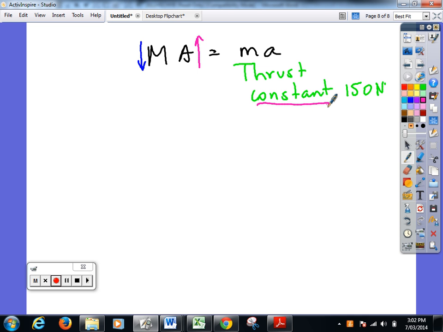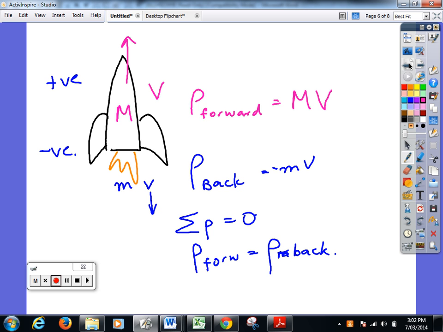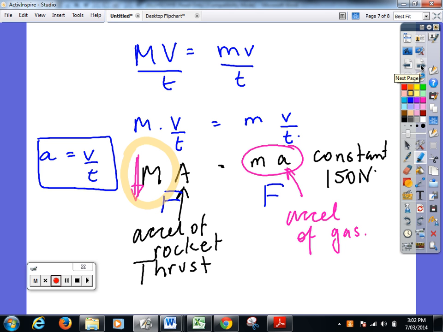Okay? So to recap, you somehow have to create an answer for this question which starts with the statement that these two things must be equal and opposite. So in other words, the momentum forward must equal the momentum backward. Obviously they're opposite, but they're equal in magnitude. And then we need to somehow convert momentum into acceleration.